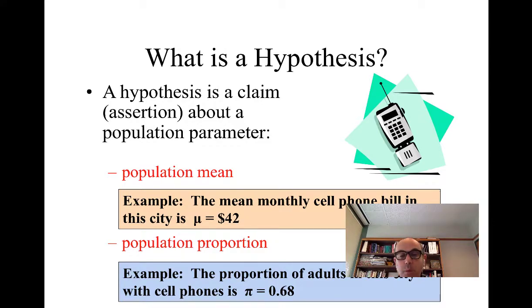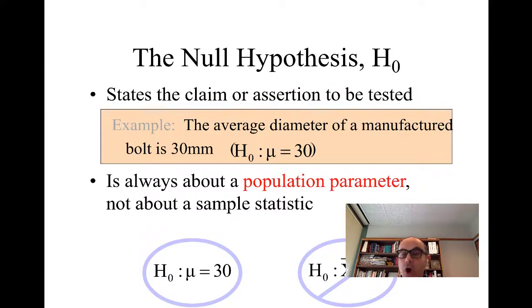Or the population proportion: the proportion of adults in the city with a cell phone is 0.68. We also need to know the null hypothesis, which states the claim to be tested. We test the null hypothesis in order to decide whether to reject it or not.